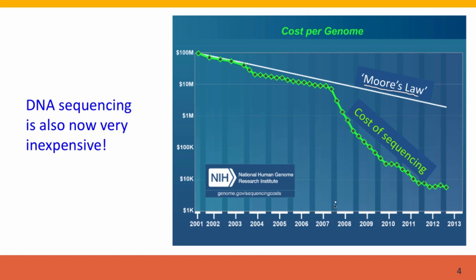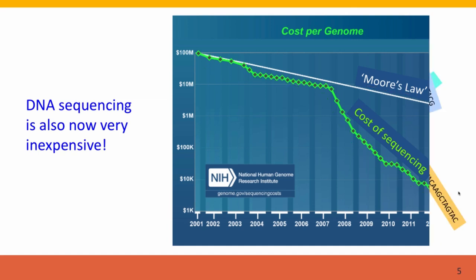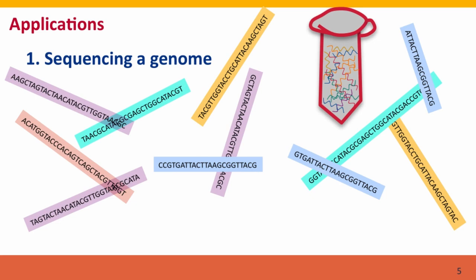So for the first 6 or 7 years, the cost of DNA sequencing decreased dramatically, roughly at the same rate as the cost of computing power. And then, starting in about 2007, it plummeted. And now it's back to still decreasing dramatically, but only at about the rate of Moore's law. So DNA sequencing has become very cheap. Well, cheap for science. Nothing in science is really cheap.